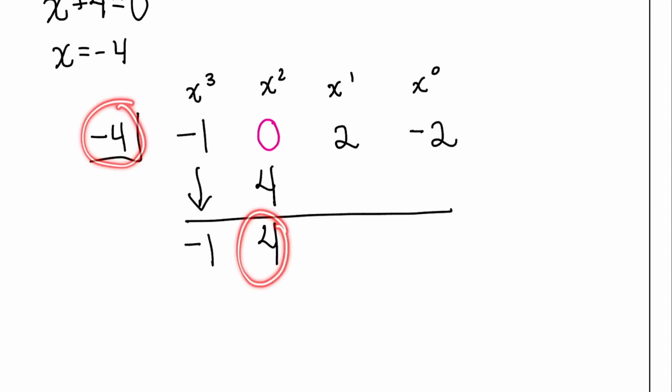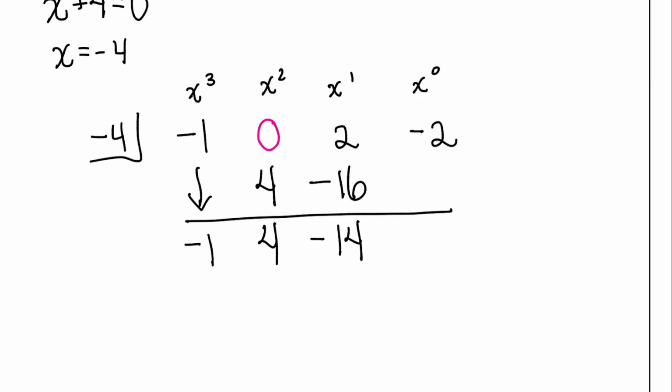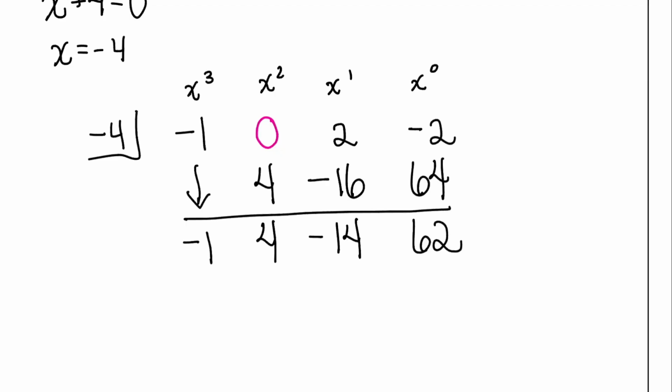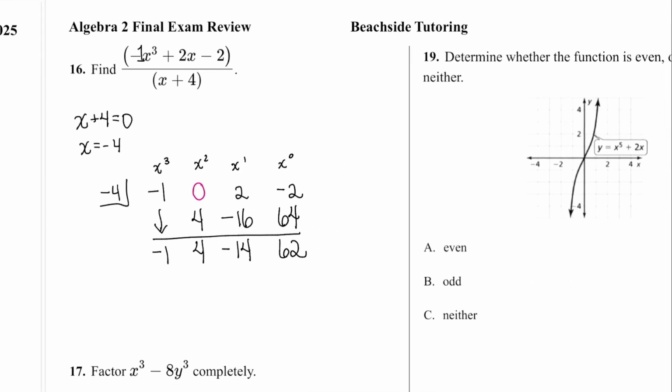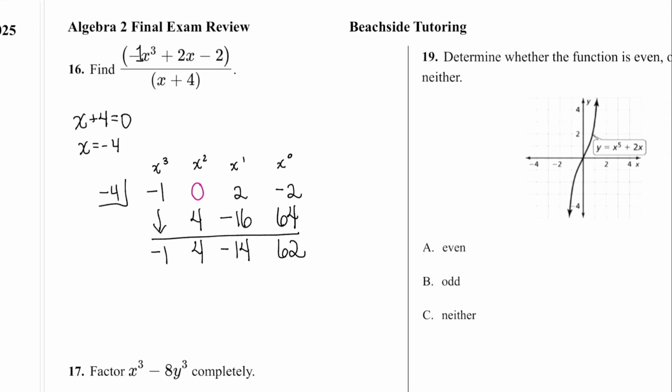Multiply these two values and put the result here. Add straight down. Now we multiply these two values, put the result here, and add straight down. So our answer is going to be negative x squared plus 4x minus 14 with a remainder of 62.